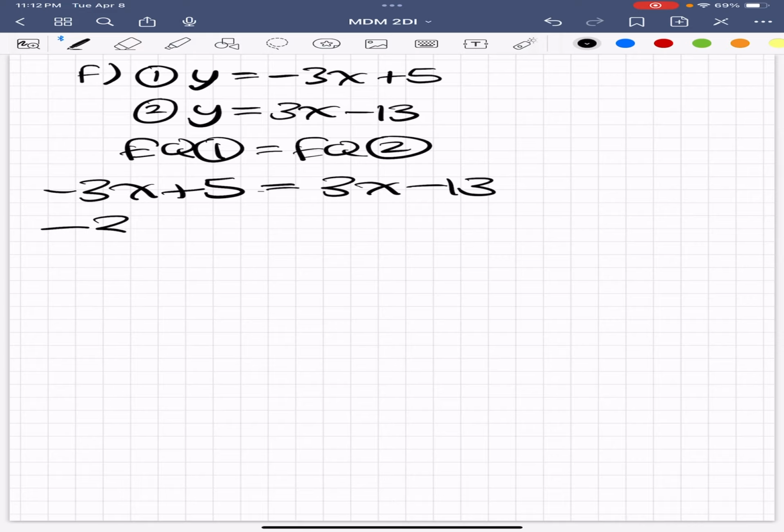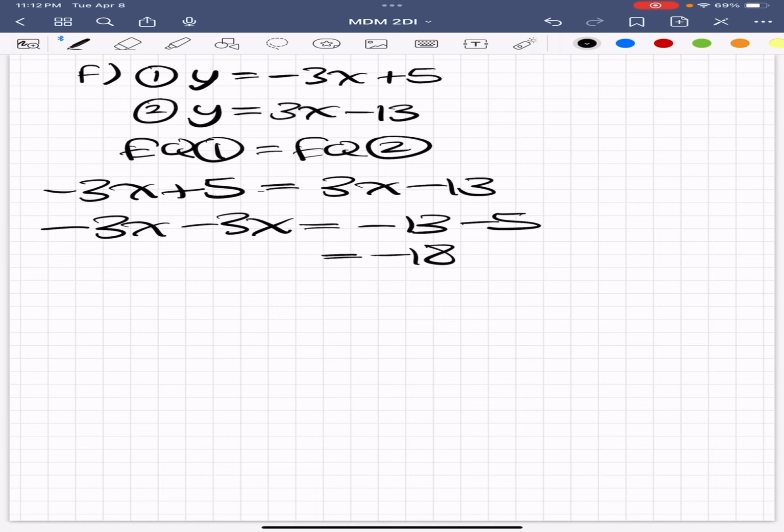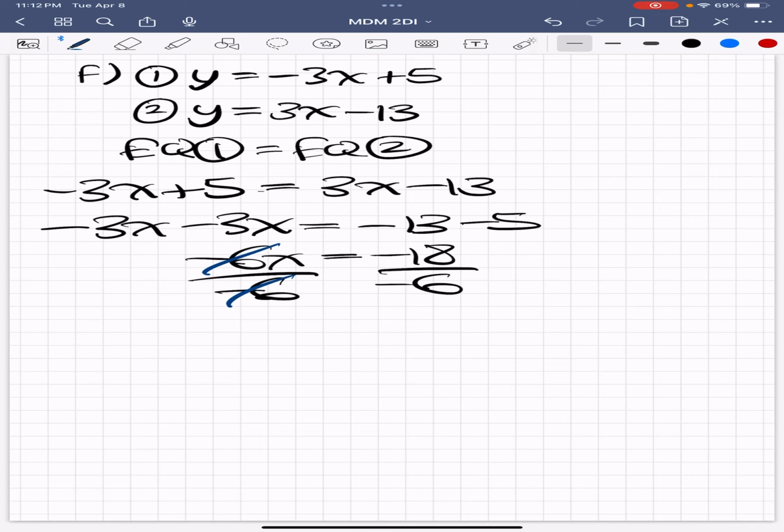So we have minus 3x, minus 3x, minus 13, minus 5, negative 18, minus 6x, minus 6, minus 6. And then I'll use dark blue because negative 6 was common on the top and the bottom. And then the negatives cancel out, so it's 18 over 6, which is 3.